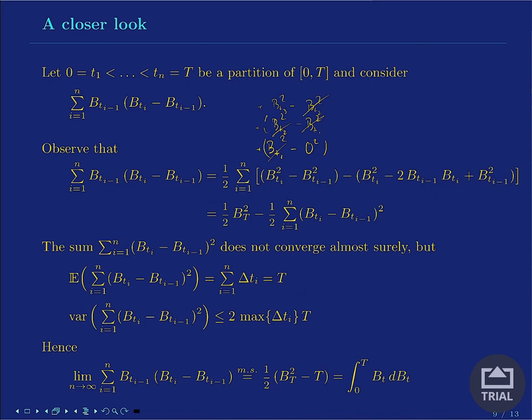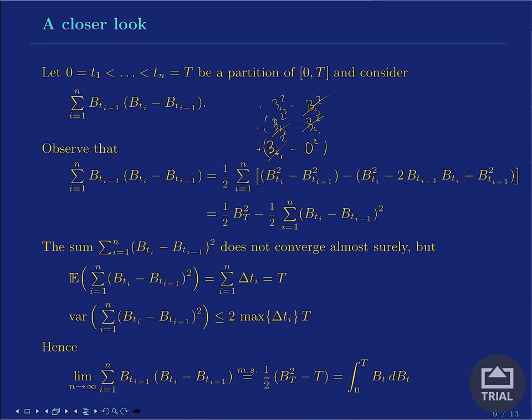However, we can show that this quadratic variation part converges in mean square. So we can show that the mean of this quadratic variation part very easily, as b(t_i) increment is normally distributed with mean 0 and variance t_i minus t_{i-1}, so that is delta t_i.